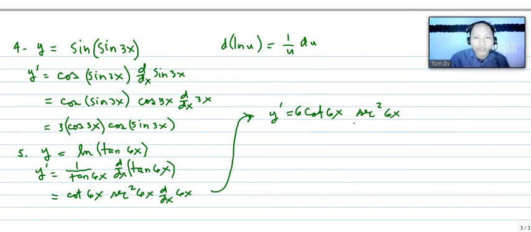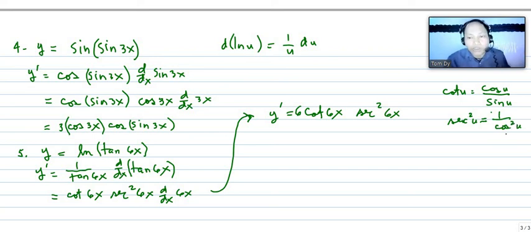Now, cotangent, take note in a trigonometric function, cotangent u equals cosine u over sine u. And then secant squared 6x or secant squared u is equivalent to 1 over cosine squared u, because this is squared, so secant equals 1 over cosine.